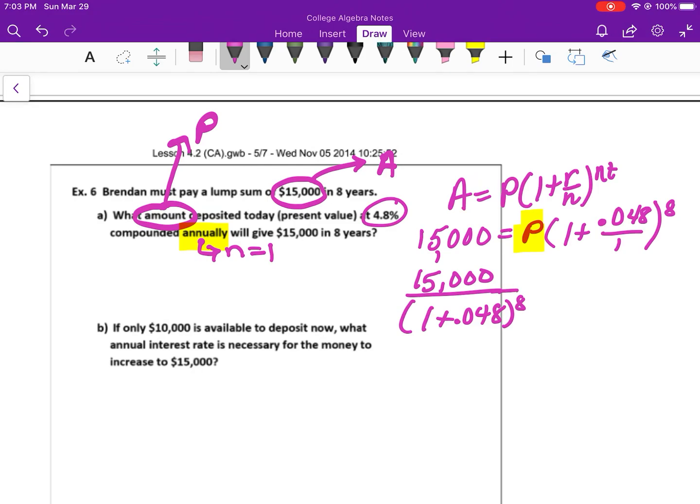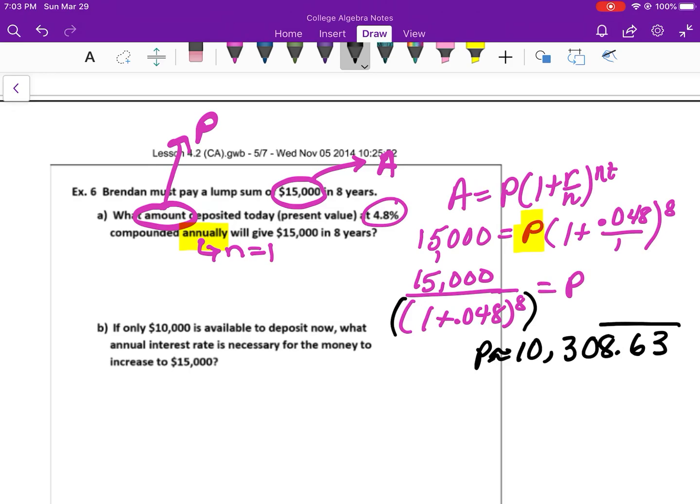And again, you should be able to put that straight into your calculator. Now you might have to stick in an extra set of parentheses there. Okay, I have P is approximately $10,308.63.